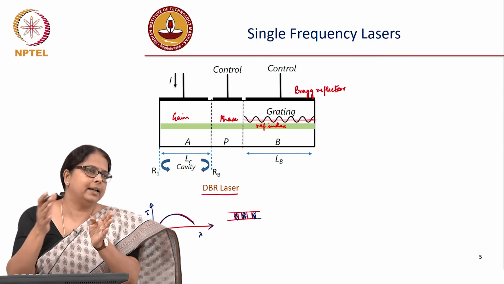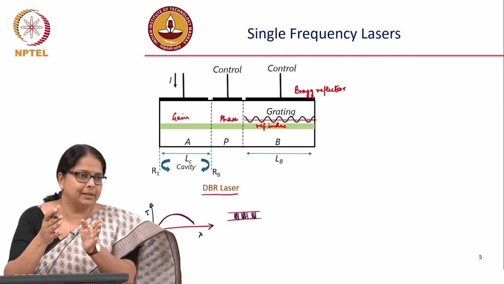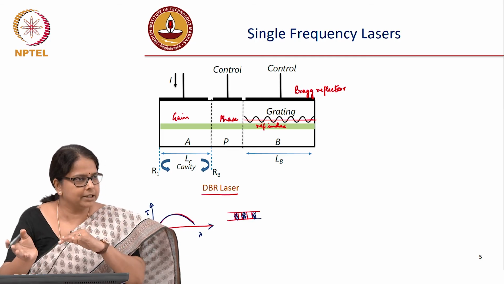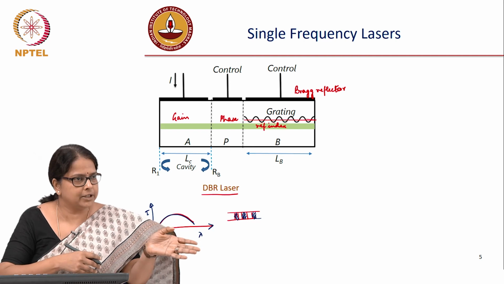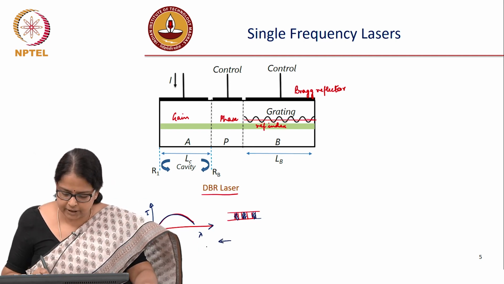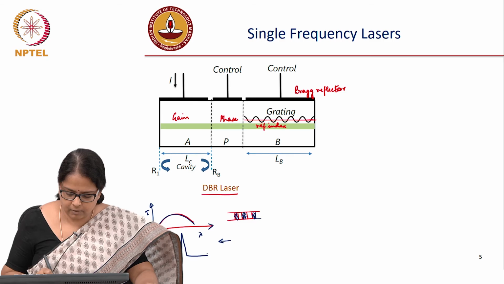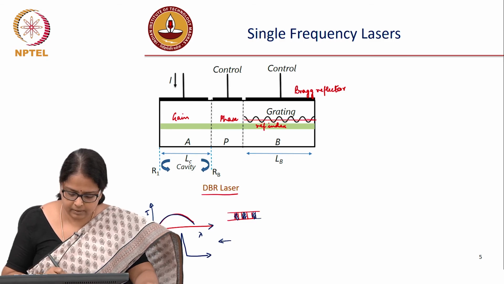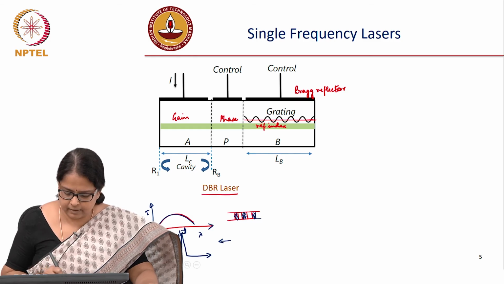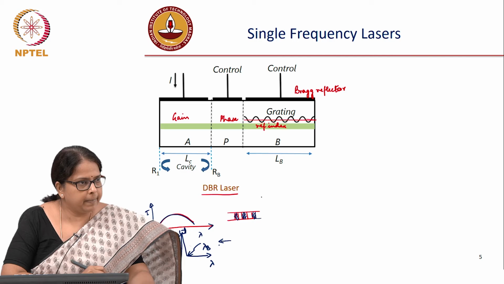When you have a dielectric stack, depending on the path difference, you could have constructive or destructive interference in the transmission and in the reflection, and in reflection it will actually pick only one wavelength. So, this is the reflected light, and it will have one specific wavelength called lambda b that gets supported.